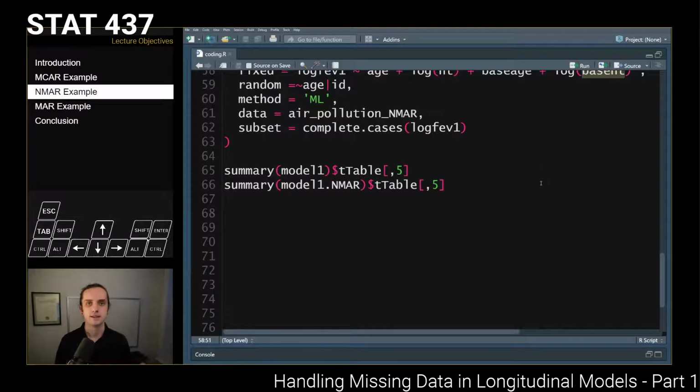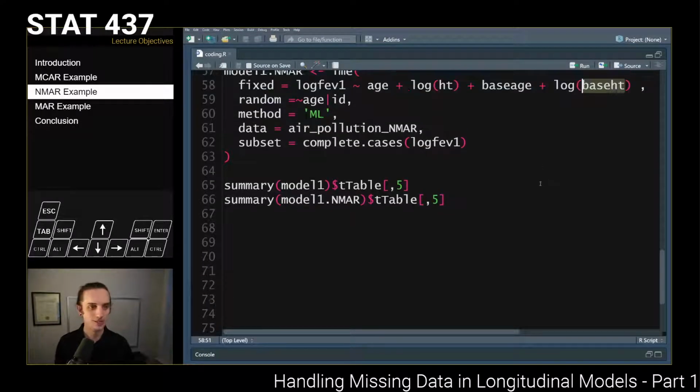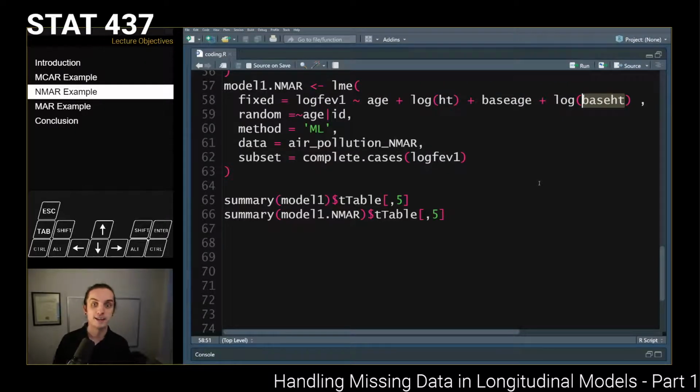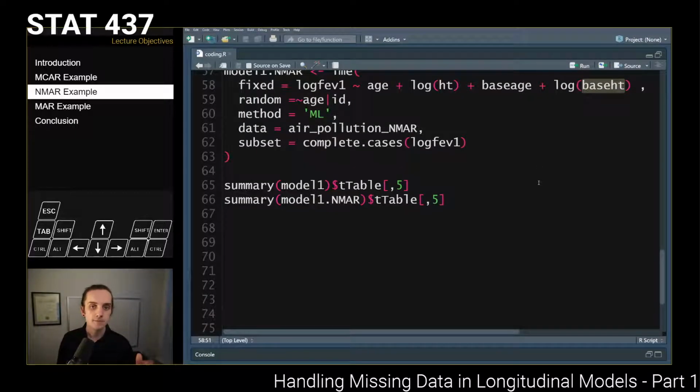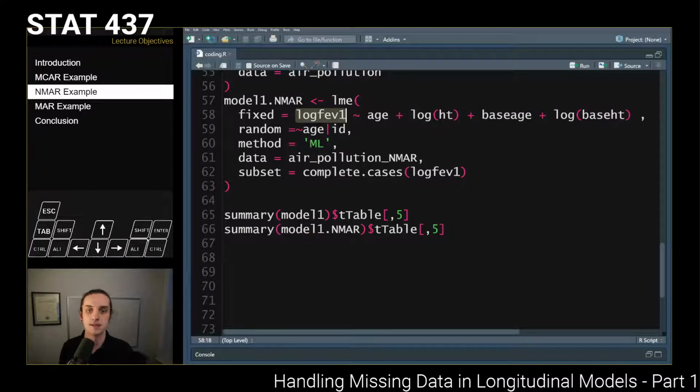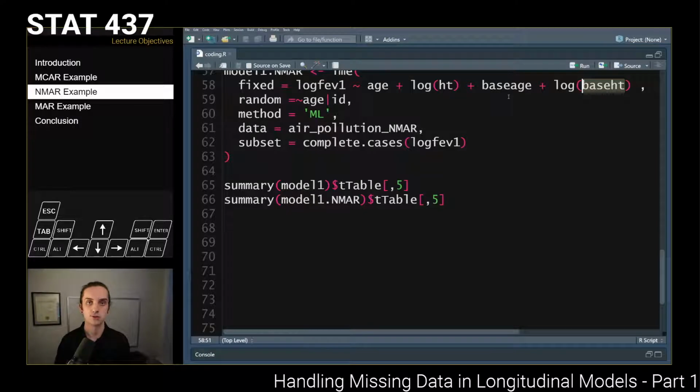And so I forget exactly how that model worked, but the taller they were at baseline, the more likely they were to be missing, which might not be super realistic for this study necessarily, but in the real world, it's quite often the case that not only are you going to have missingness that depends directly on our outcome, right, but also depending on these other factors, and they could interact in a way that makes it so that you sort of overemphasize certain patterns, right?